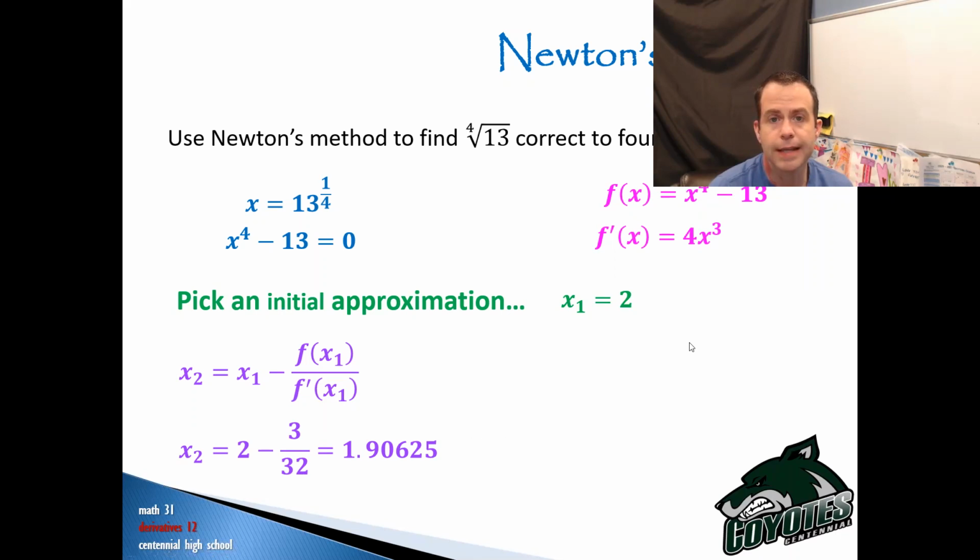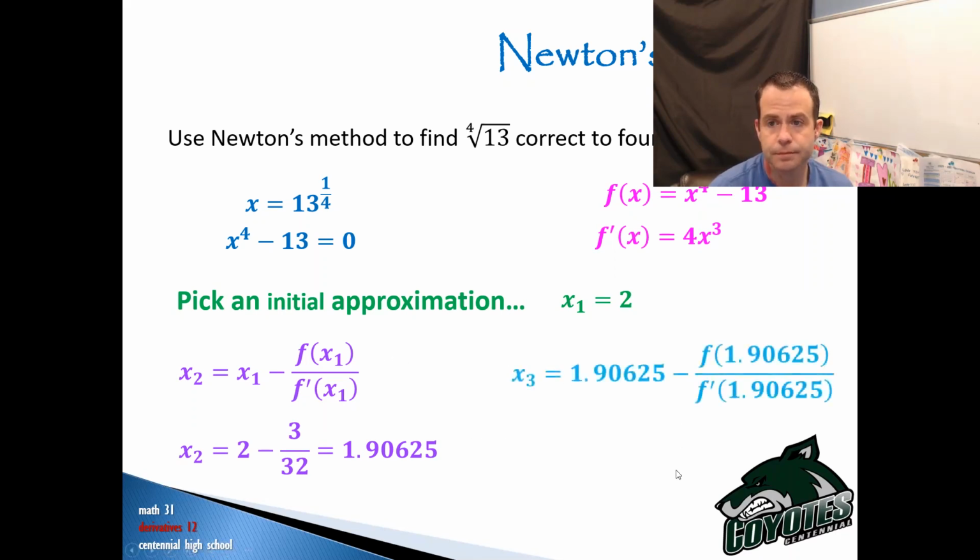Now I'm going to do x3. And so x3 is going to be x2, which is 1.90625, minus f of 1.90625, over the derivative of 1.90625. So I just plug that guy into my f of x equation and the bottom guy into my derivative equation.